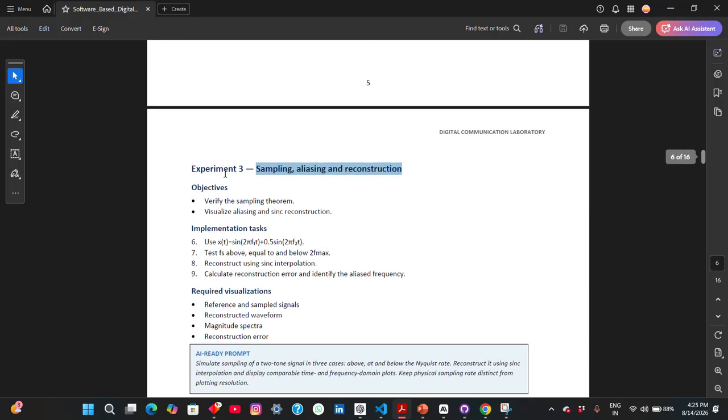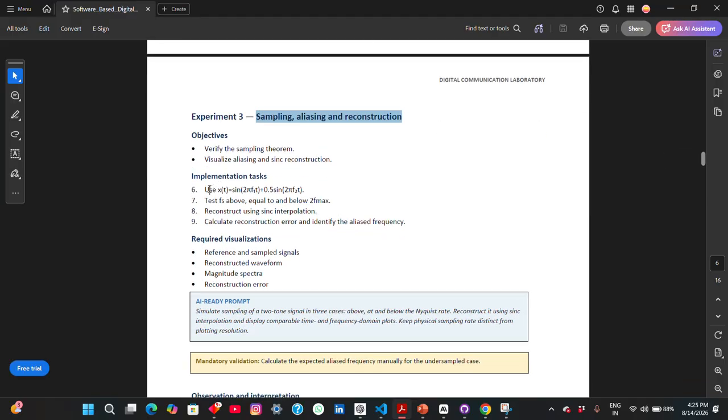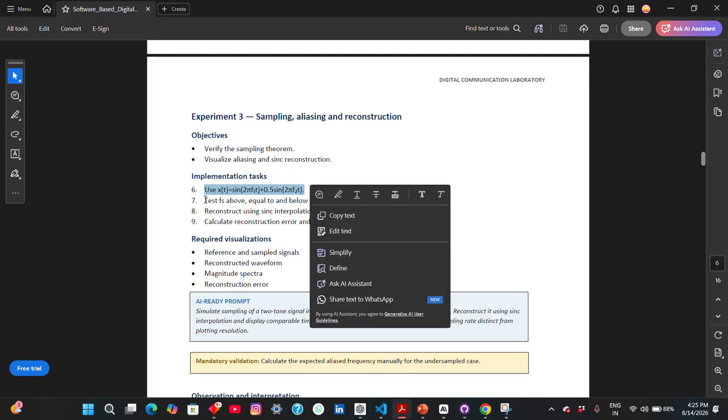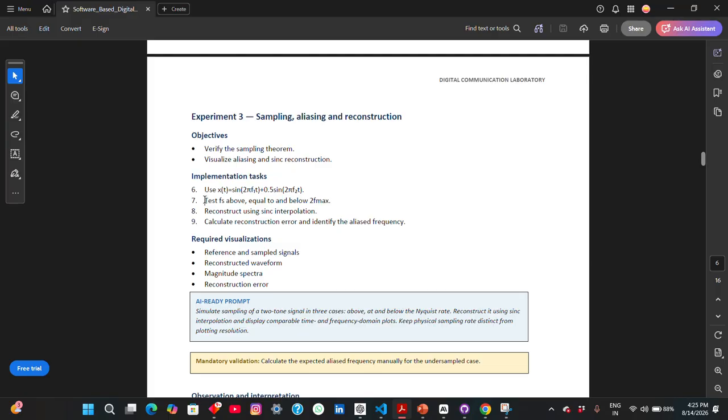Today, our task is to use this equation for sampling to see the sampling effect and Nyquist rate effect, and test the phases above, equal to, and below 2 times Fmax. And this is our task today.